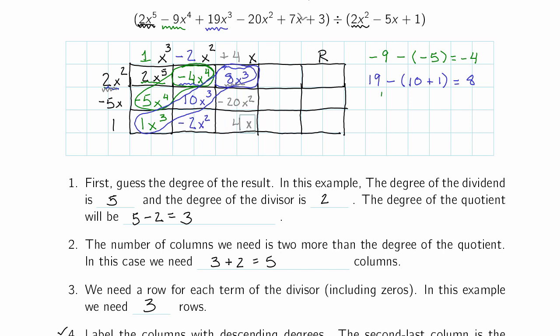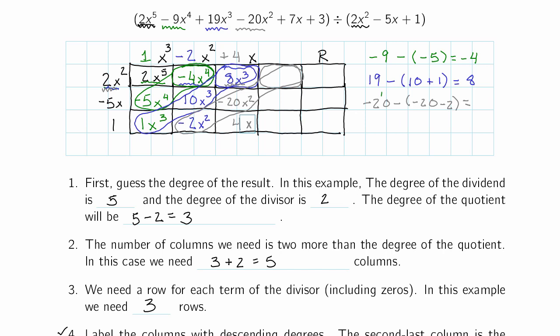The next empty box in the top row is here. It's on this diagonal, which has x squared terms. The x squared term in my dividend is negative 20x squared, so I need to get a negative 20. And I already have negative 20 minus 2.